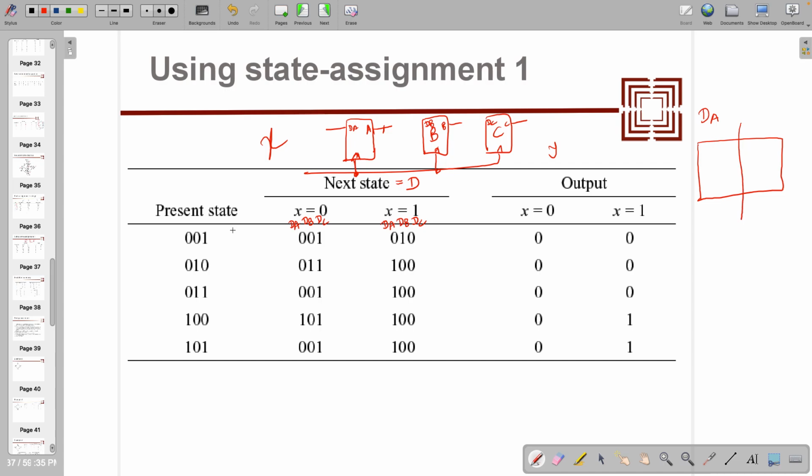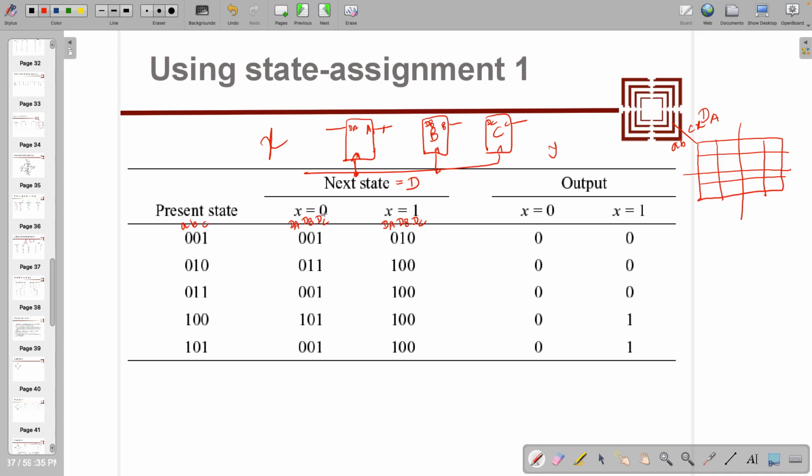So you have 4 variables, so you have 16 possibilities. Let's call them small a, b, c and x. Let's fill that.